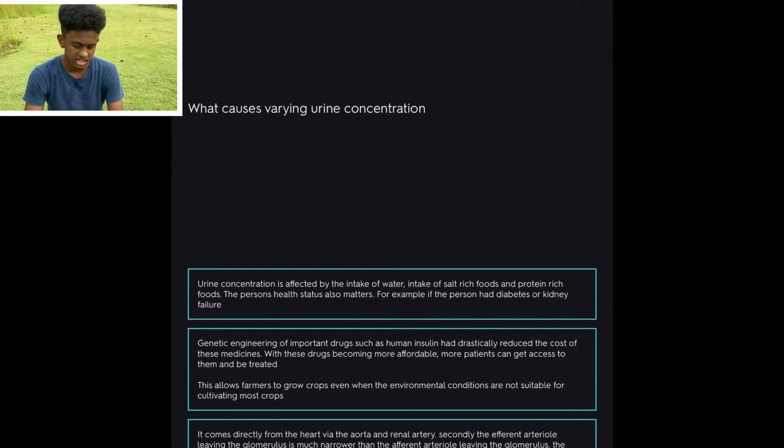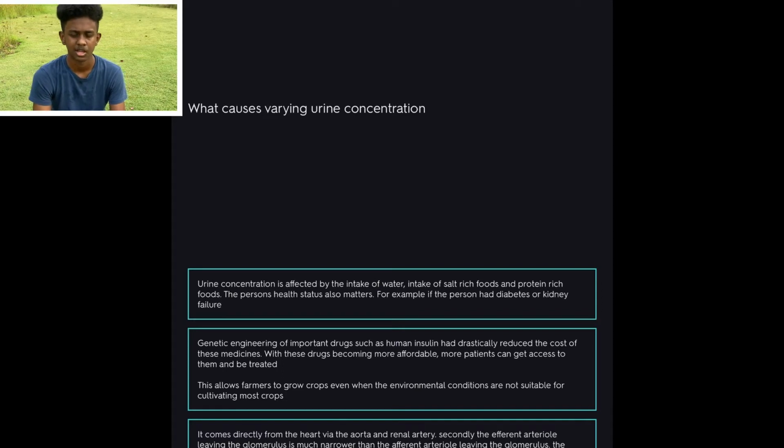The person's health status also matters, for example if the person has diabetes or kidney failure. If the person has kidney failure, their nephron function won't be at 100%, and therefore not all the substances are selectively reabsorbed. And if there's diabetes, all the glucose can't be selectively reabsorbed because there's too much, as the body cannot produce sufficient insulin, or the body is resistant to insulin.